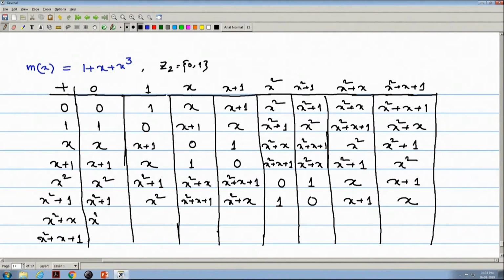Now, if I add x square plus x square plus x plus 1, then x square, then x square plus 1 because x will vanish.